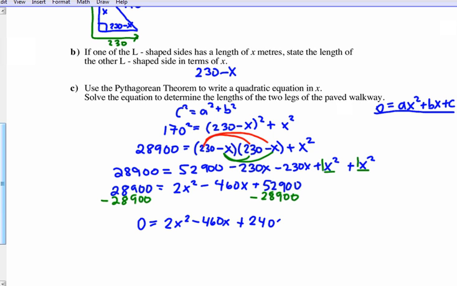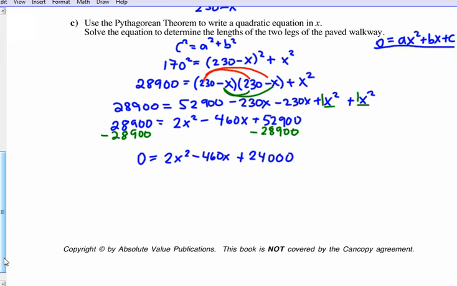24,000. Okay, so now we want to factor. So the first question we ask ourselves is, is there a greatest common factor? Look at the coefficients: 2, 460, 24,000. We can divide everybody by 2, which makes me very happy because then we're going to have a simple trinomial. Simples are a lot easier.